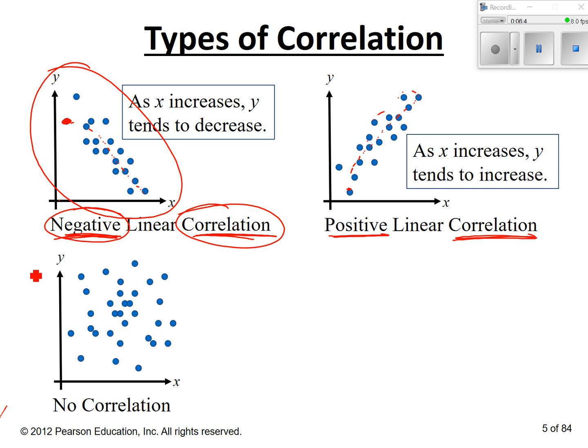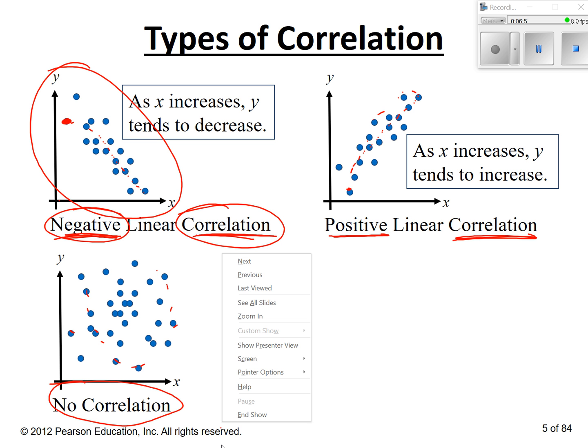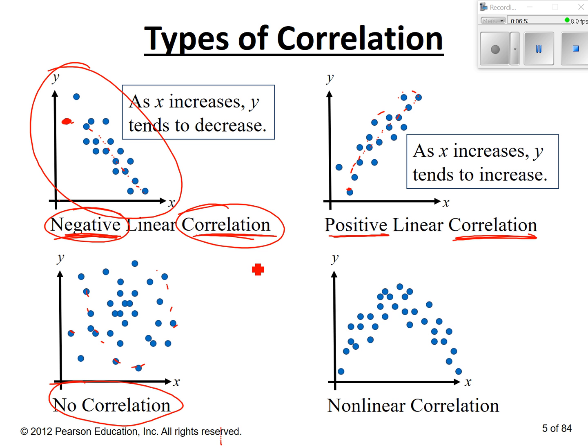When you have something that looks like this and it's just sort of all scattered everywhere, then we can say that there's no correlation. And then sometimes you'll have something that looks like this, and we won't deal a whole lot with this right now, except to talk about what this graph looks like. This is a nonlinear correlation.